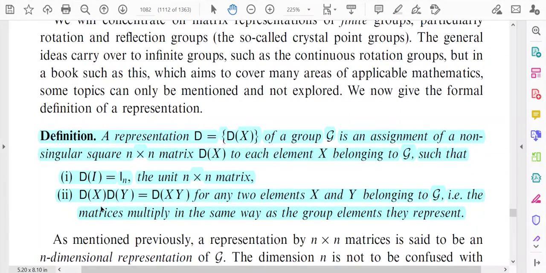Another property is this: Dx into Dy will be D of xy for any two elements x and y belonging to G. If x into y is equal to xy, then for the representative matrices also, Dx into Dy should be D of xy. That means the matrices multiply in the same way as the group elements they represent.